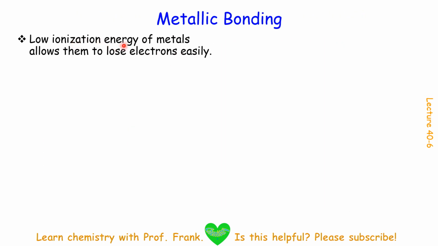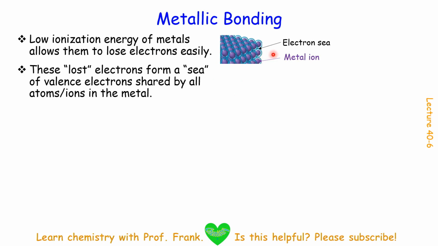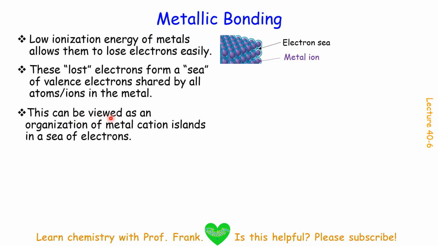Metals have low ionization energy, and that allows them to lose electrons very easily. The lost electrons form a sea of valence electrons. All of those electrons in the sea are shared by all other atoms and metal ions. If we take a closer look at this picture, we can see the purple metal cations and the greenish electron sea.